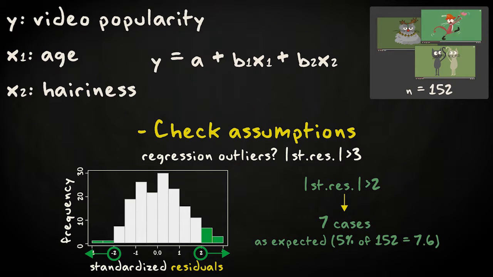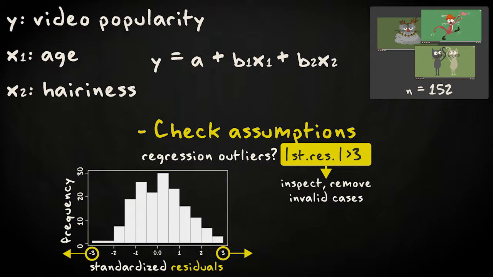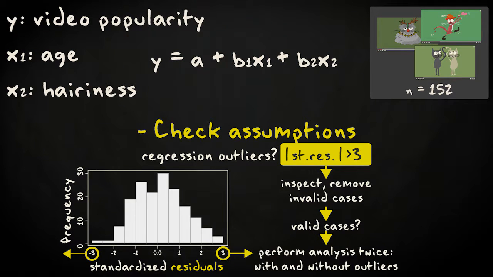If there are standardized residuals with an absolute value larger than 3, we inspect these cases and remove invalid data. But what if they're valid? Should they be removed just to make the model fit better? That depends on a lot of issues that are beyond the scope of this course. The safest course of action is to do the analysis with and without the problematic outliers and report both outcomes.